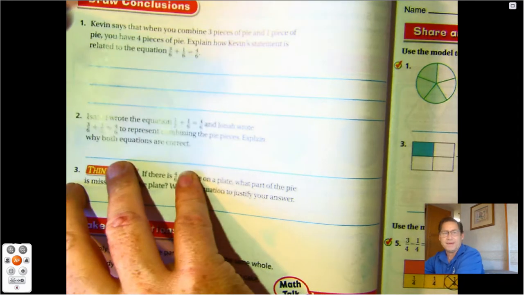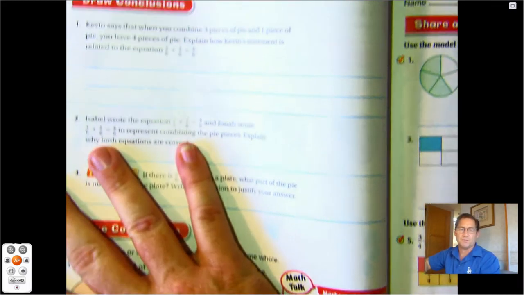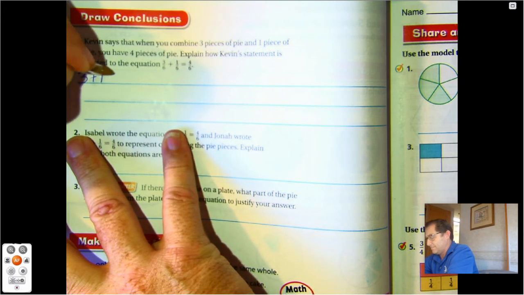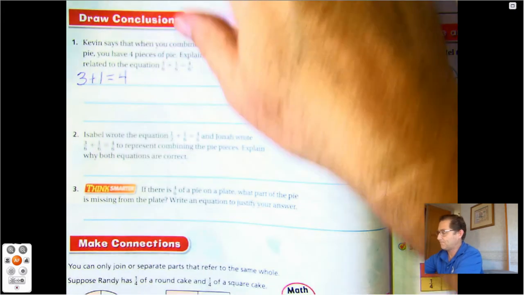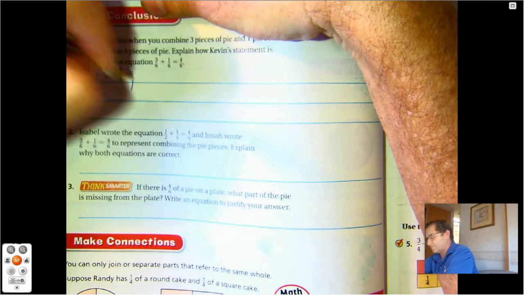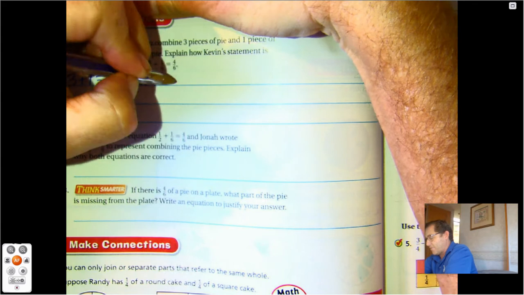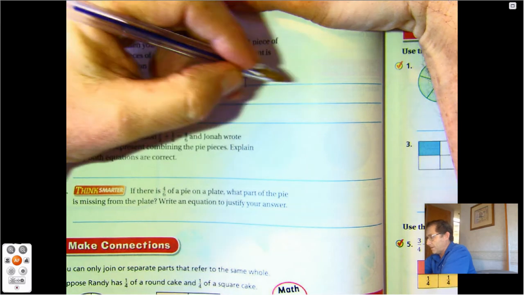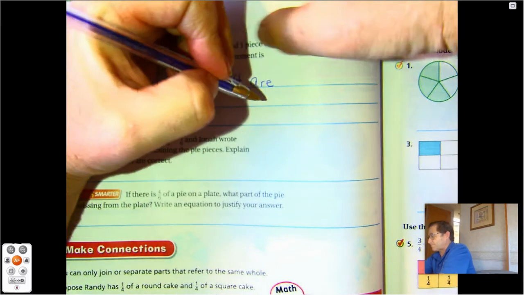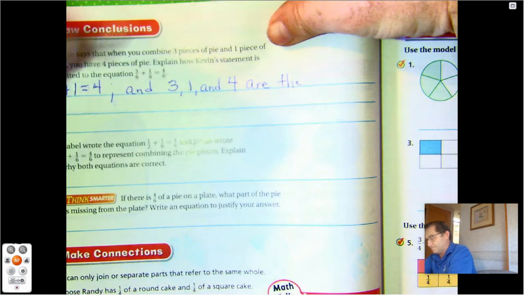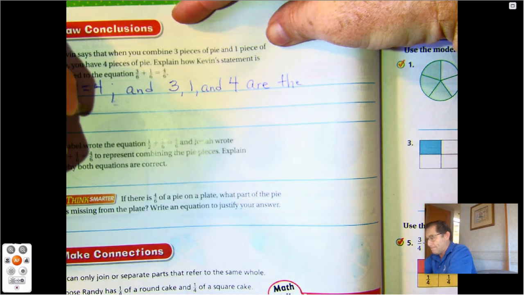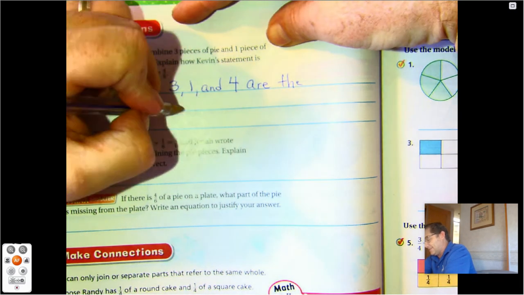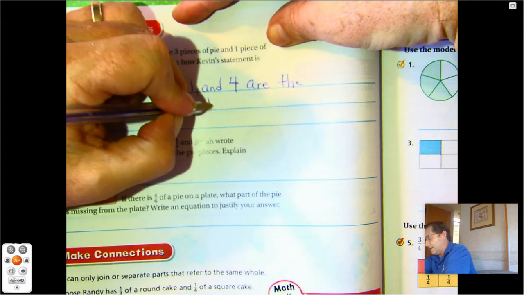Well, okay. So we got a couple of things going on here in this problem. First, we know that 3 plus 1 does equal 4. Okay? And we also know that the 3, the 1, and the 4 are the numerators in the equation 3/6 plus 1/6 equals 4/6.